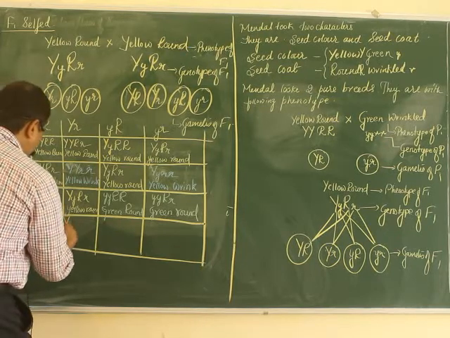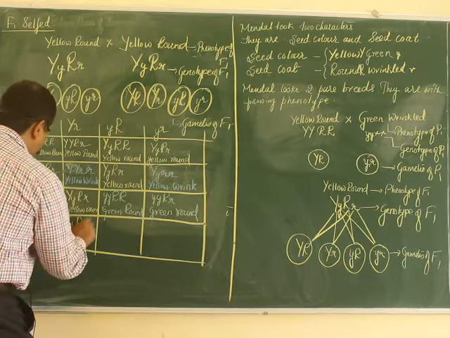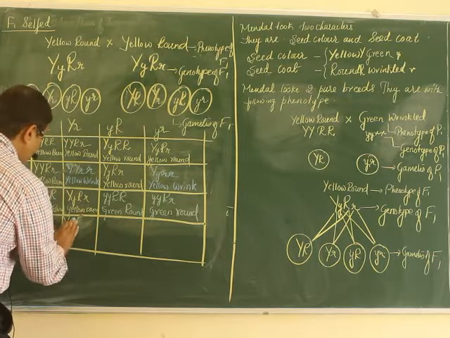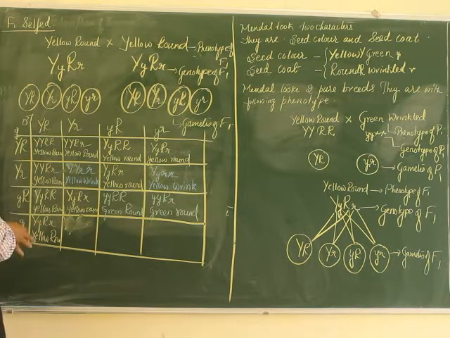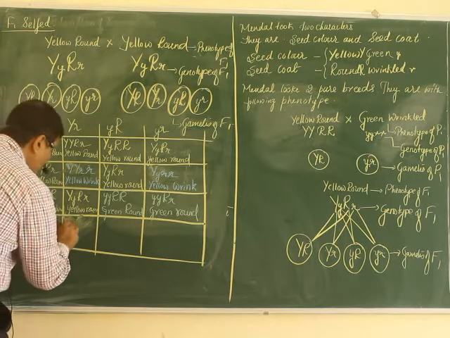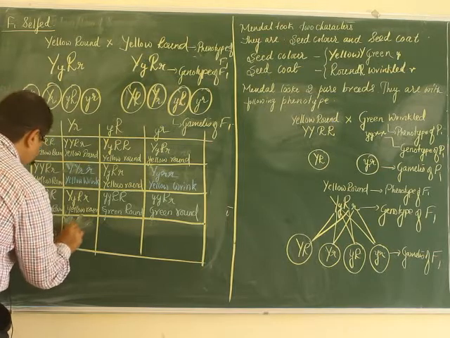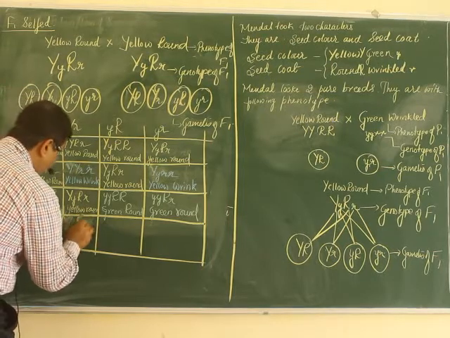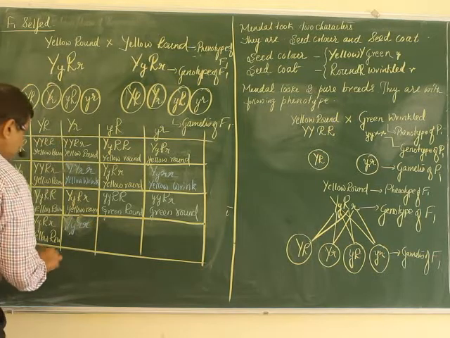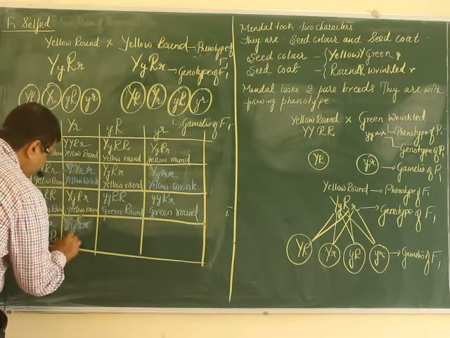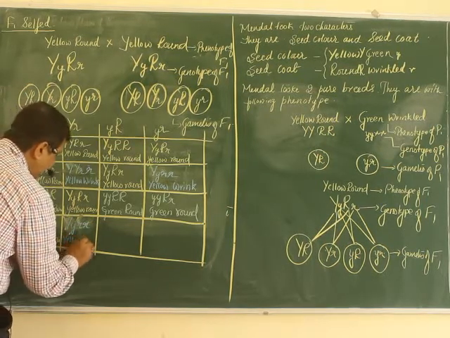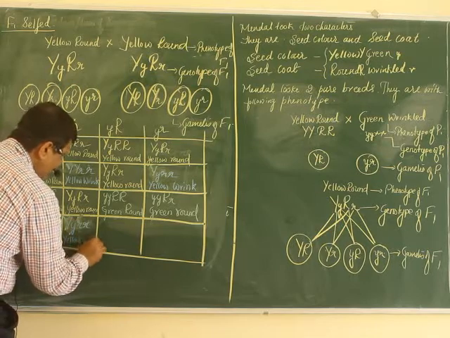Another one, capital Y, capital R, small r, small r. I should write in blue color: capital Y, small r, small r. That is yellow wrinkled. Is it okay?